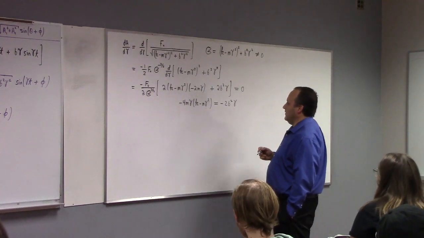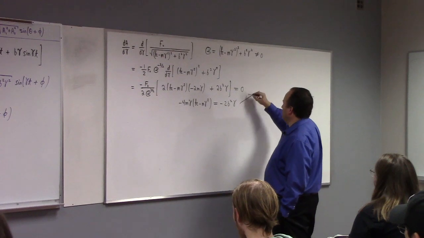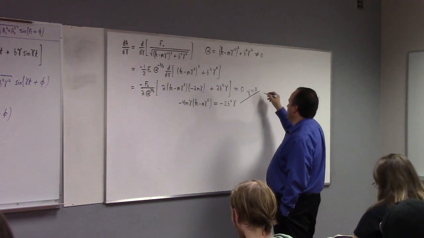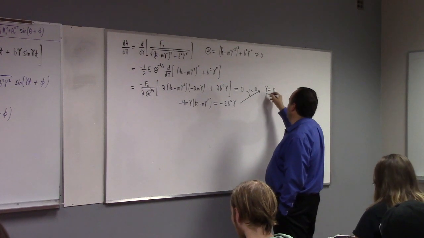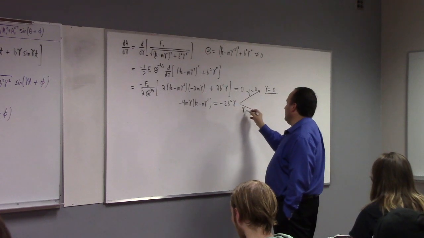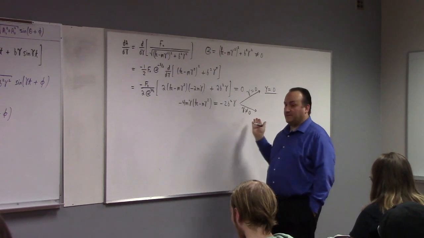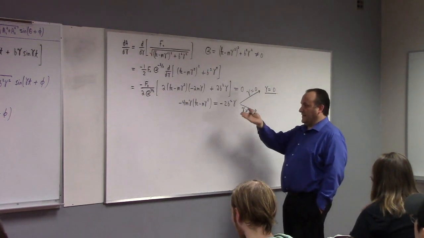This says either gamma equals 0, that's one path, or gamma is not equal to 0. If gamma is not equal to 0, we can divide by gamma.